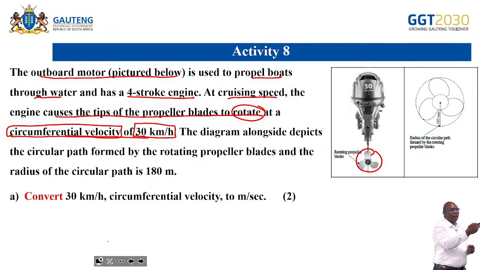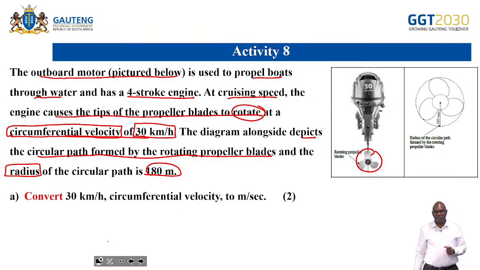The diagram depicts the circular path formed by the rotating propeller blades. See? And the radius, very important, of the circular path is 180 meters.